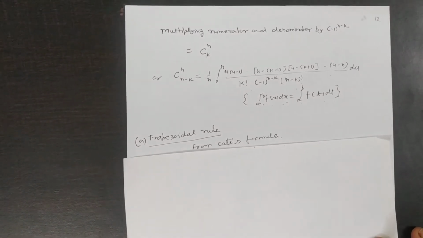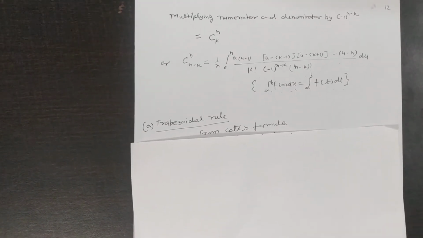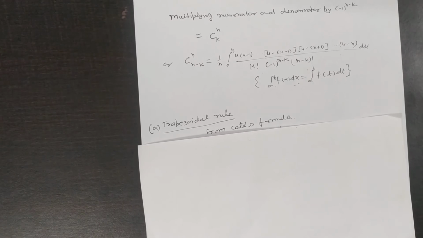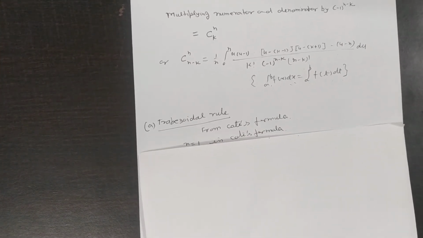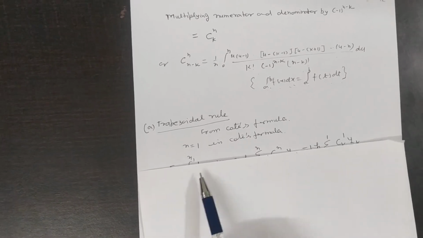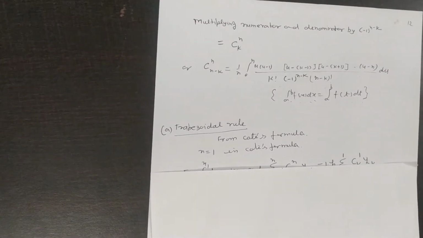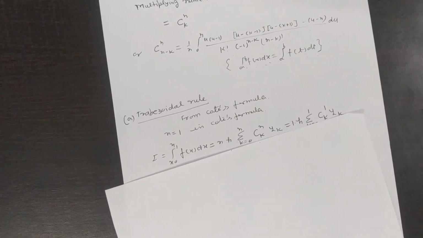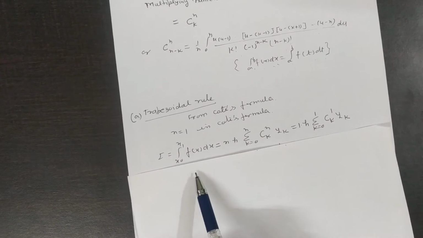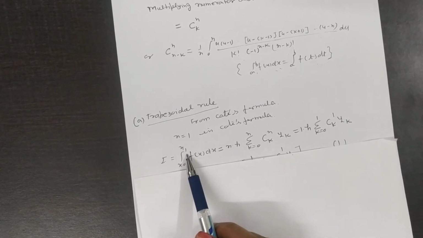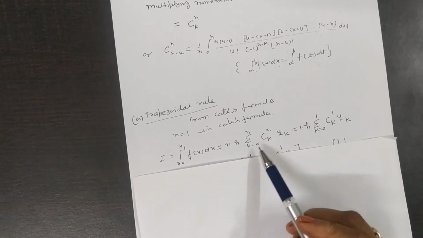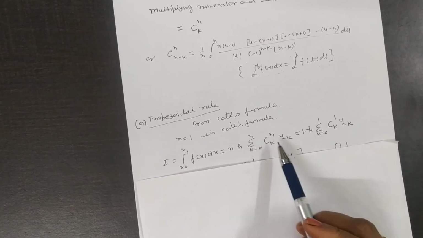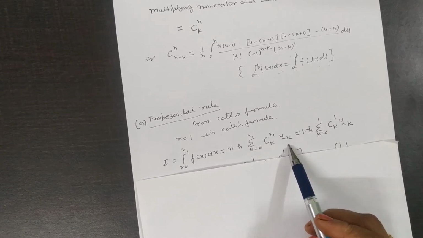Yes, students. Now I will discuss the trapezoidal rule by using the Cotes formula. If n is equal to 1, then the Cotes formula becomes: the integral from x0 to x1 of f of x dx is equal to nh times the sum over k from 0 to n of C_k^n y_k.